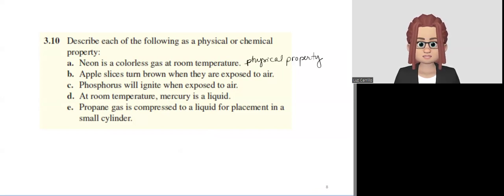Let's look at letter B. Apple slices turn brown when they are exposed to air. So that air exposure there is creating a change in color. So this is a chemical property for the apple slices.